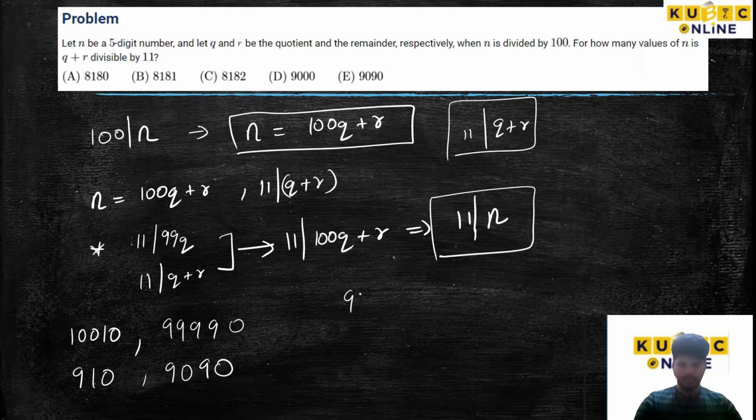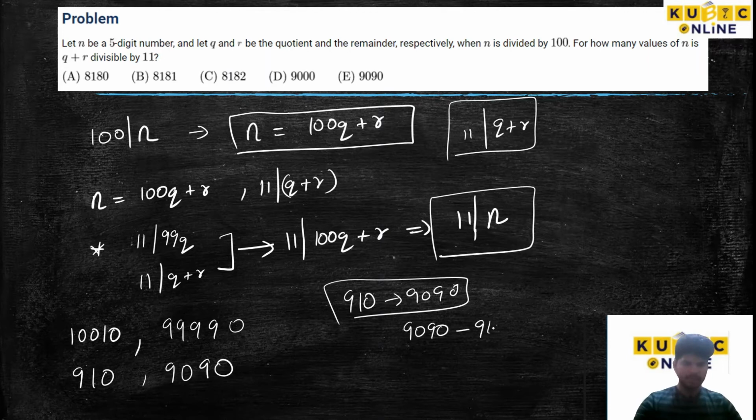So from 910 to 9090, how many numbers are there? So 9090 minus 910 plus 1. So that is how much? 8180 plus 1.